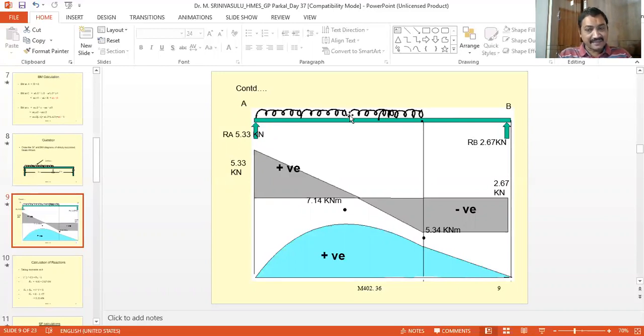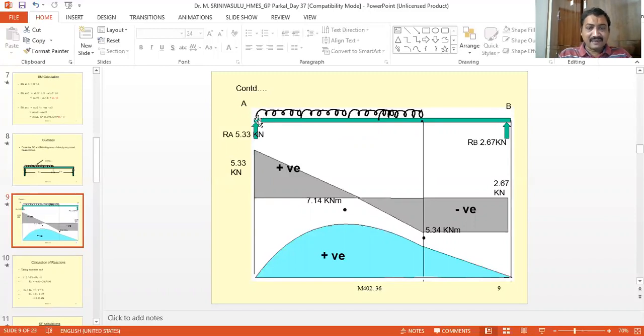So minus 2.67 plus 8, that will become plus 5.33 kN. So the RA, that is the shear force acting at point A, is equal to 5.33 kN. This we have obtained by considering the right of the section.